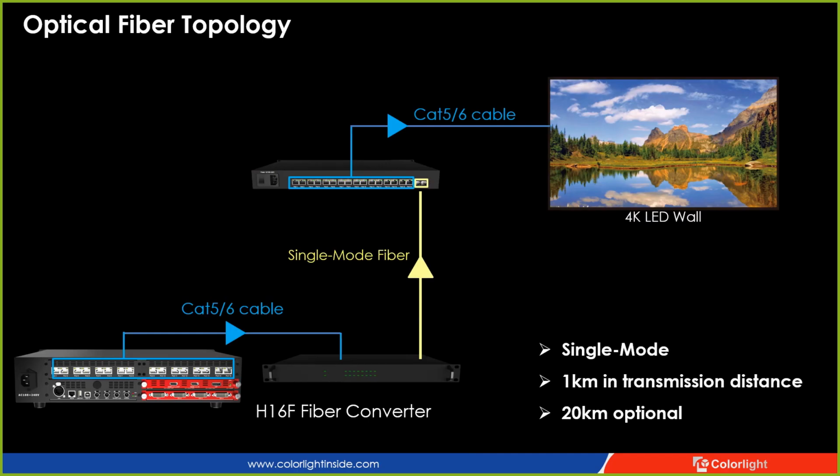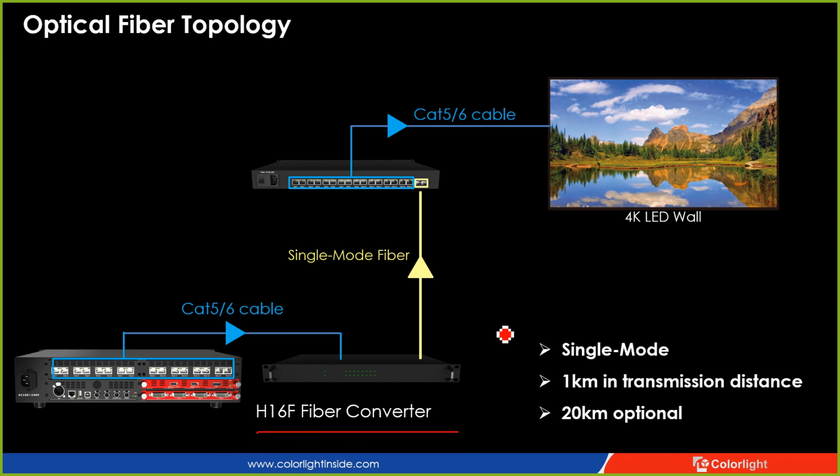Okay, our X16 also supports optical fiber, and we have the H16F fiber converter. Sometimes when the customer wants to transfer the signal over a longer distance, they can use the H16F fiber converter.